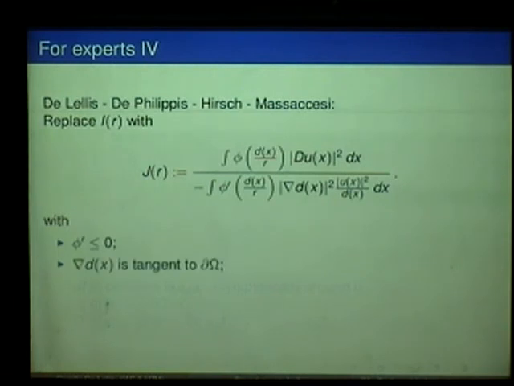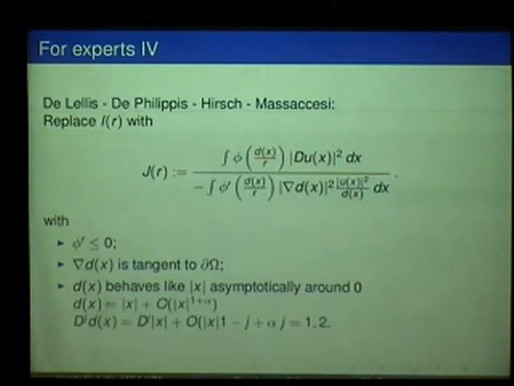So first of all, I want the gradient of d to be tangent to the boundary of omega. And then I want d to behave like modulus of x, asymptotically around 0. So behaving asymptotically around 0 as modulus of x means it's modulus of x plus a higher order perturbation, which goes to 0 as a power slightly faster than 1. And you need this not only for the function d, but also for the first and second derivatives.